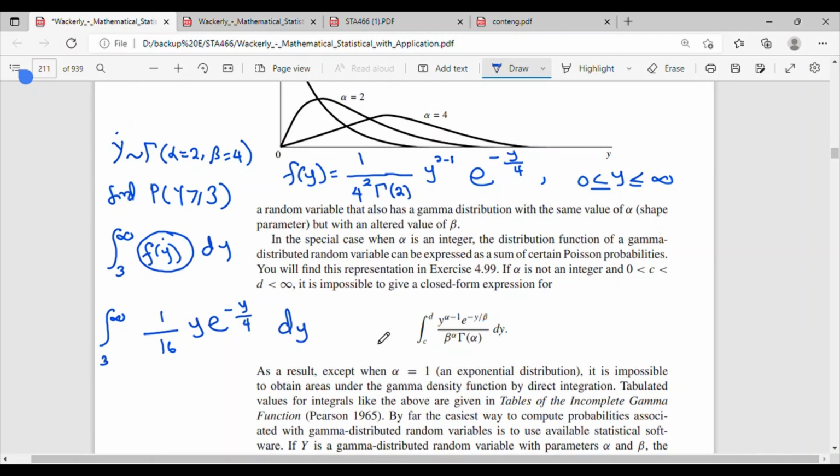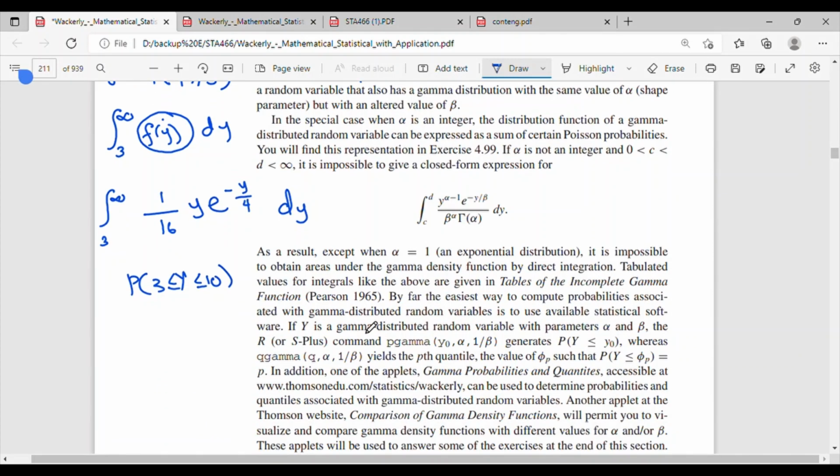Okay, so if, let's say, we want to find the probability of y from 3 until 10, for example, as usual you integrate the function from 3 until 10. No longer until infinity now, because it asks for the probability between 3 and 10.